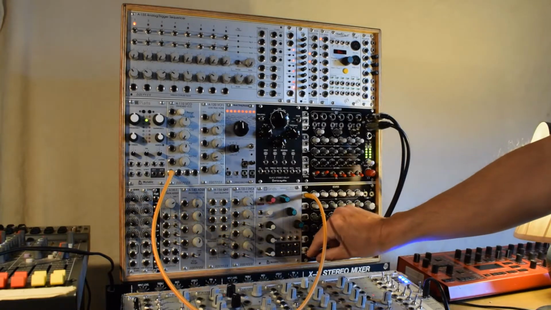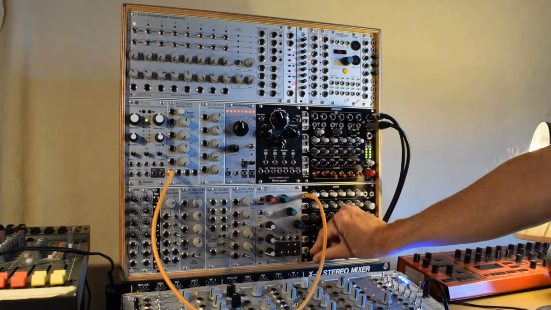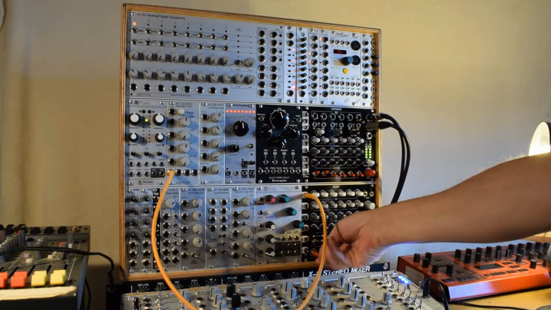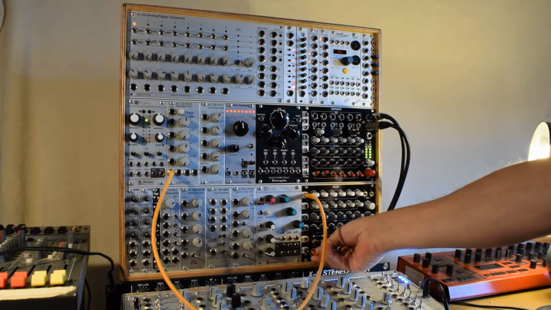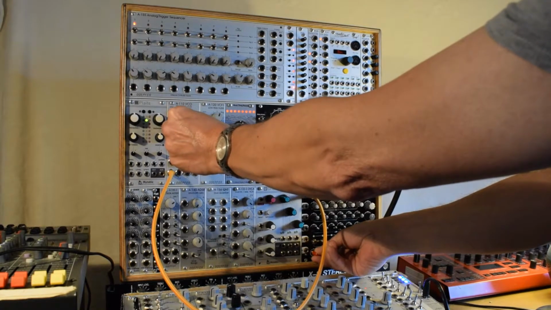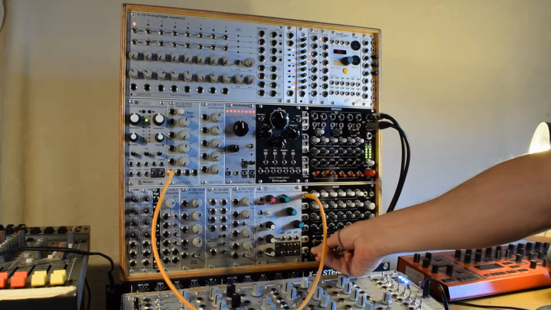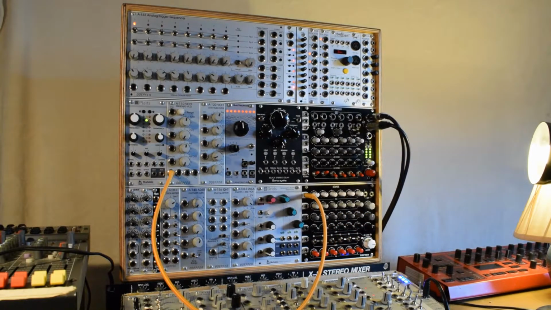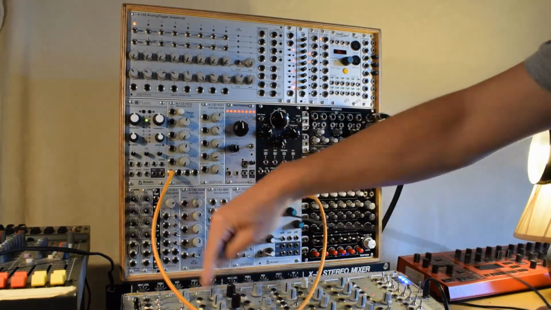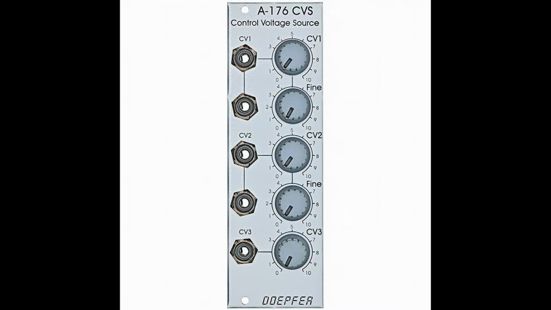At the moment there's nothing fed in there, so it's just one pitch. The only way I can change it is by altering the tune knob, which is fine for tuning, but it's no use for playing music with. So we take another patch lead, and I'm going to use a module here which is a control voltage source.